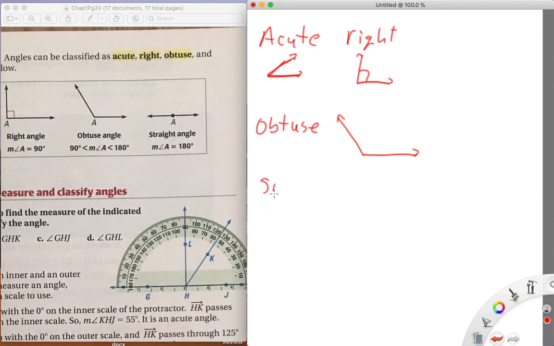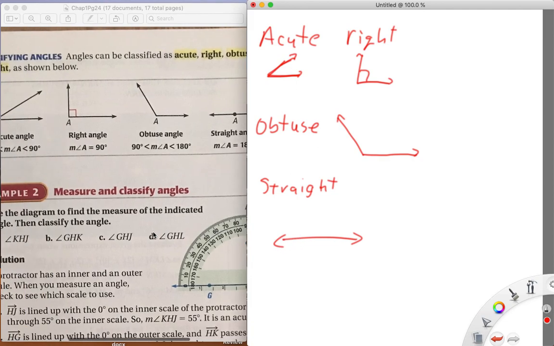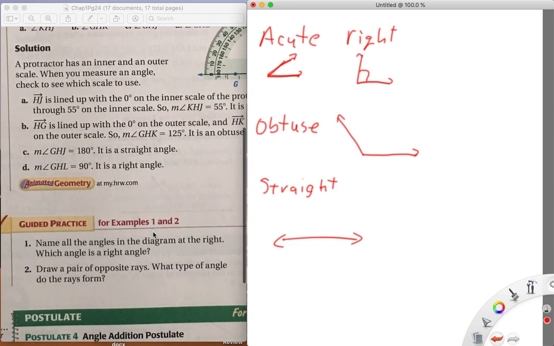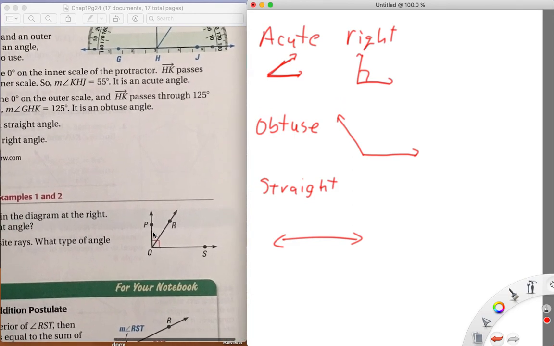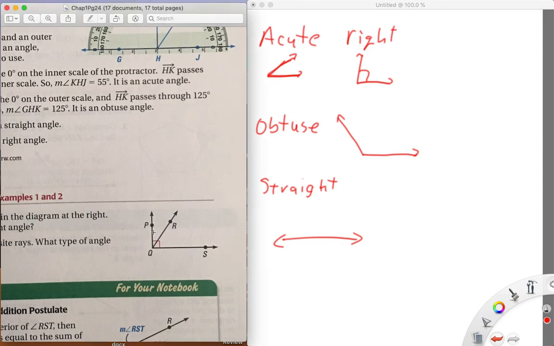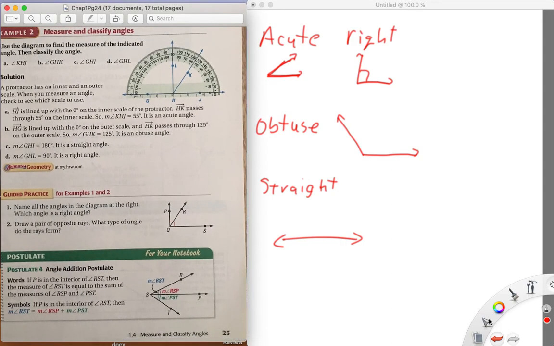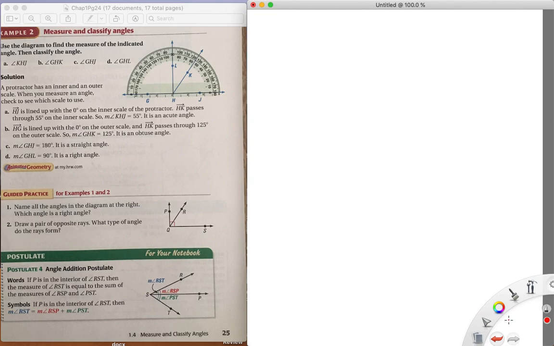And then straight would look like that. Okay. So for this example that they give us, they want us to name all the angles in the diagram, which is the right angle. So we have this angle. This is number 1.